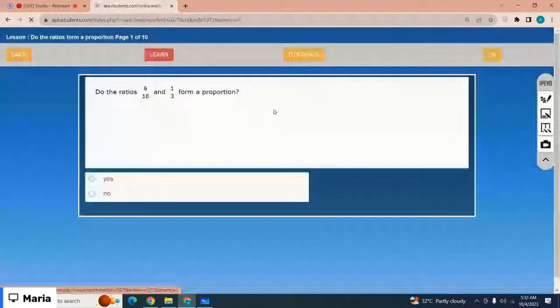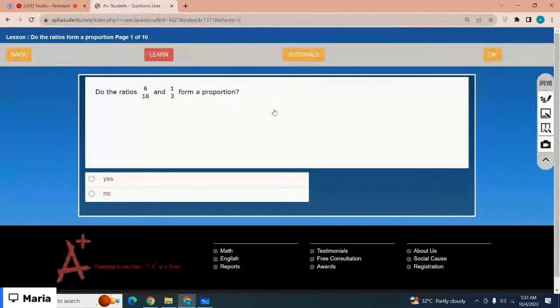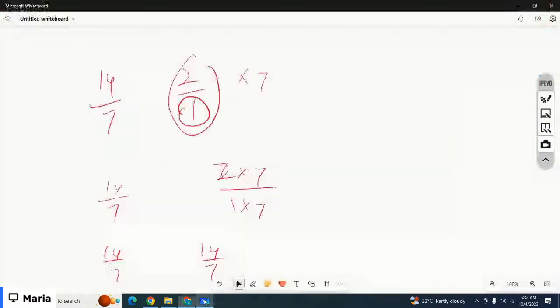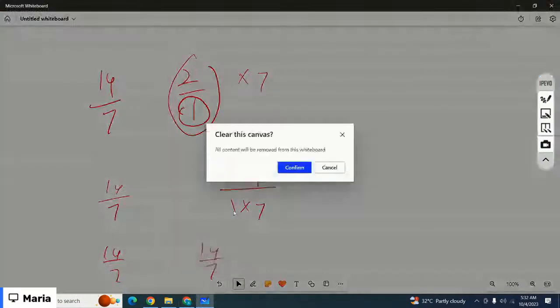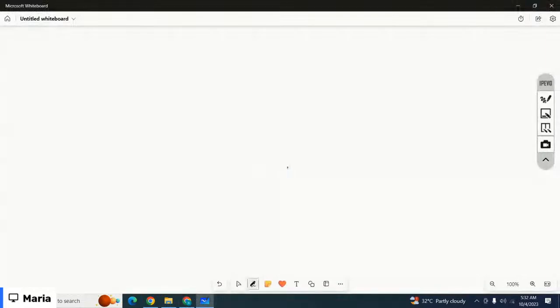6 by 18 and 1 by 3, do they form a proportion? Okay, 6 over 18 and 1 over 3. You need to make this equal 18, right? 3 times 6 is 18. Multiply this fraction by 6.